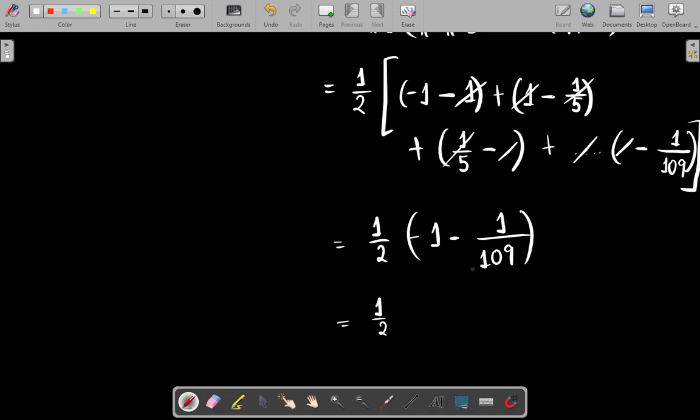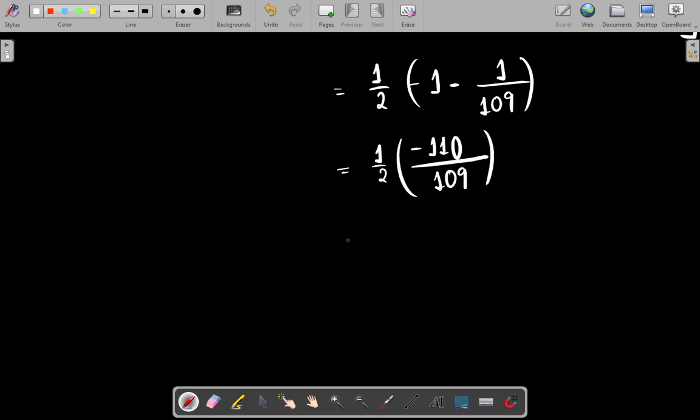So this now becomes minus 110 upon 109. Then 110 by 2 is 55, so minus 55 upon 109. This is the required final value of this sum.